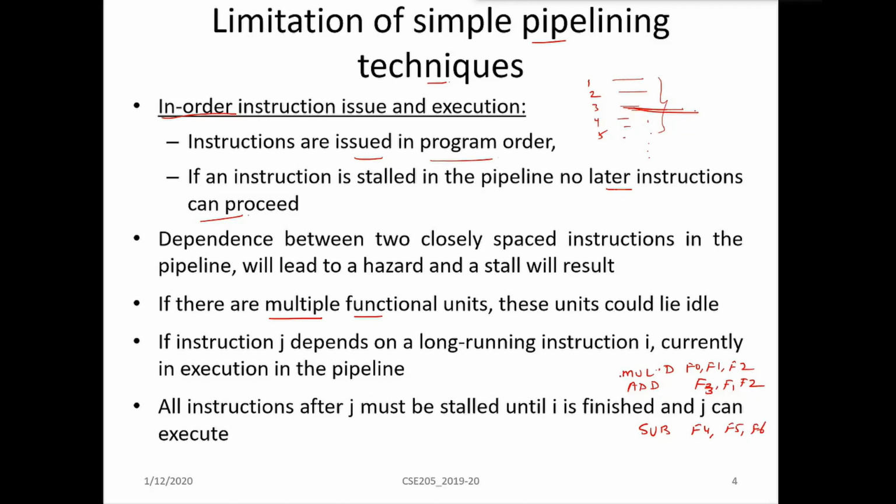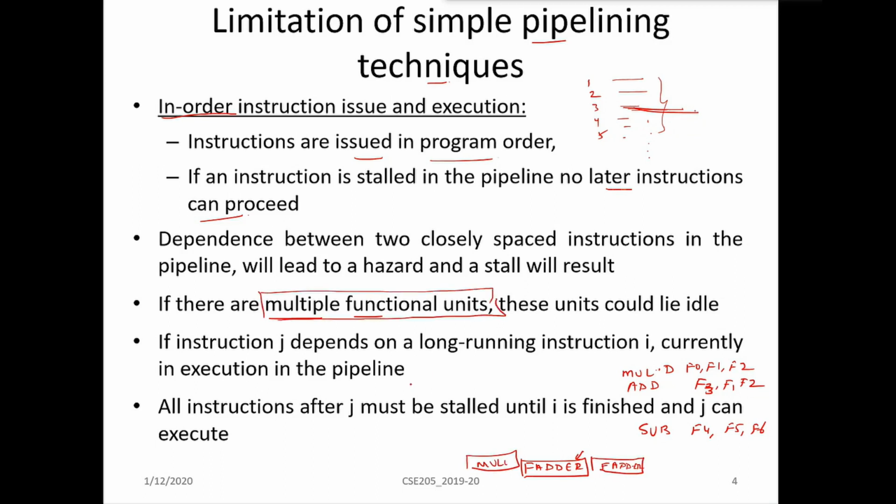We have multiple functional units. If you take floating point adders, we may have multiple of them. An adder is capable of doing all the arithmetic operations. Assume that we have two floating point adders and one multiplier.